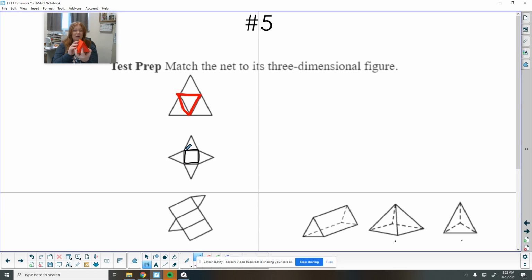And since it's a triangle shape, we need 3 rectangles to connect it. So here, since the bases are triangles, connected by rectangles, we have a triangular prism. Find the one that has 2 triangles and is connected by rectangles.